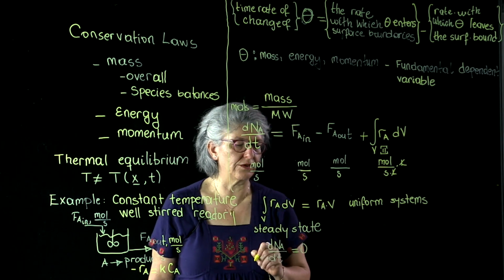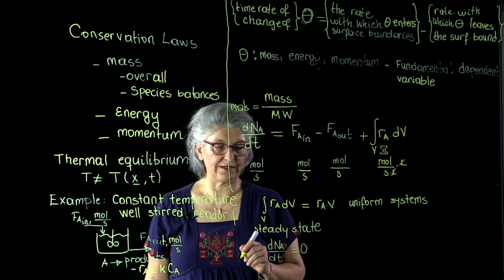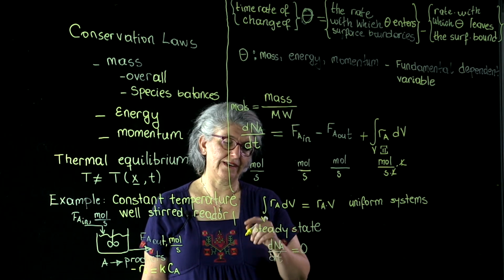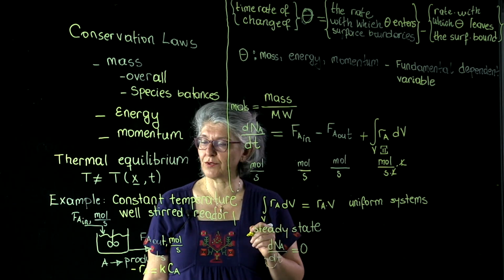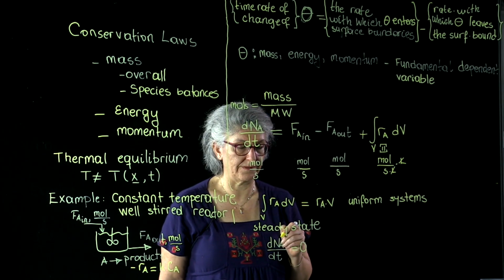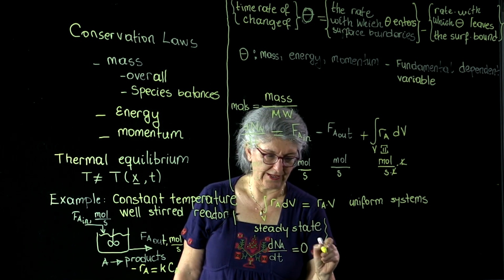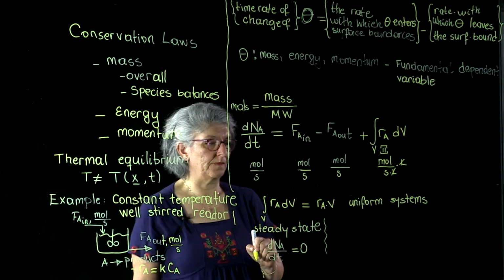In other words, there is no time change events in this reactor. And then in the second case, I will solve this problem for an unsteady state condition. Now let's first get the steady state solution.